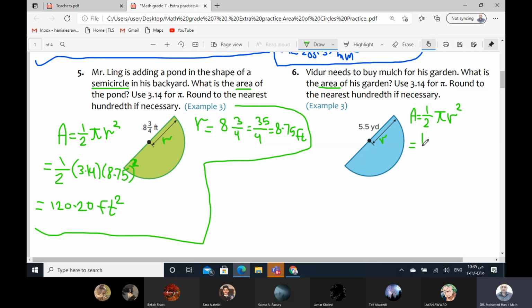So here we have 1 over 2 times the value of pi, which will be 3.14, times r squared. The value of r will be 5.5 squared.